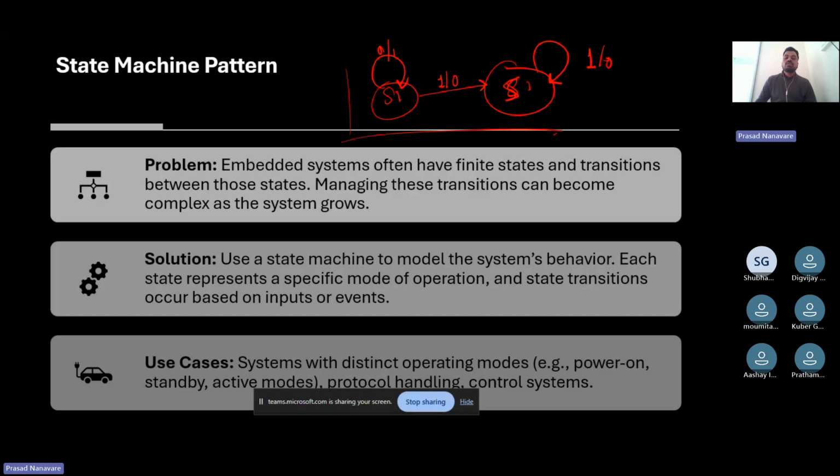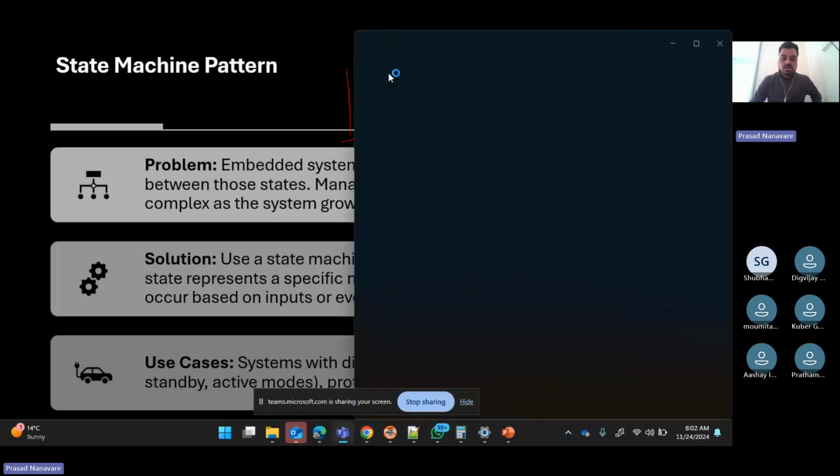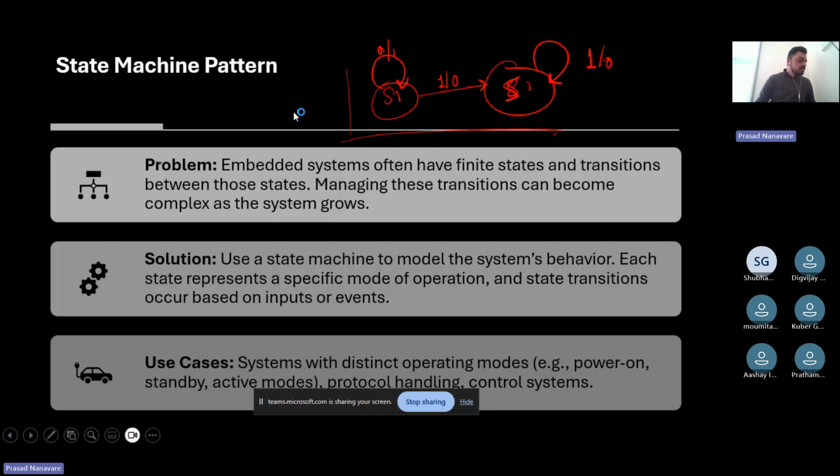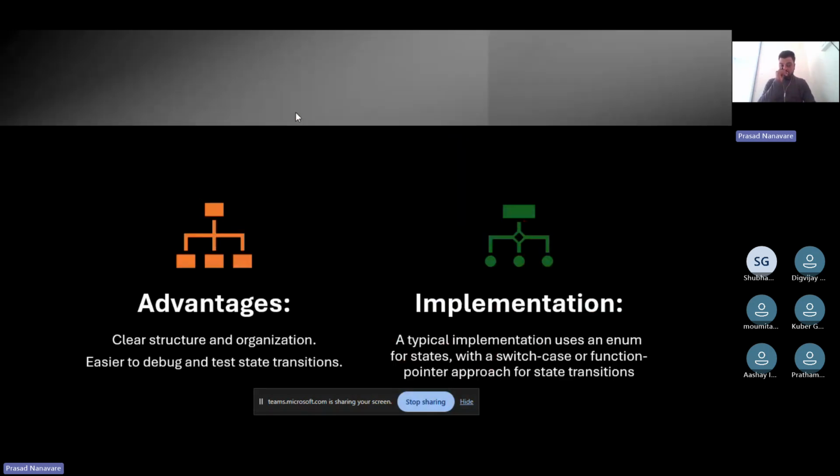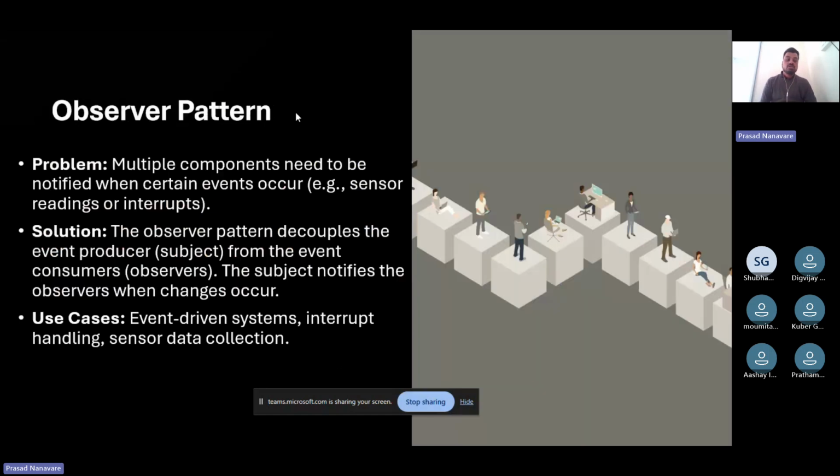I have not gone into details of the state machine pattern, because this goes much deeper into the VLSI part of designs. So this is the state machine pattern. This is mostly for large machines. Just remember that. Then we saw the observer pattern.